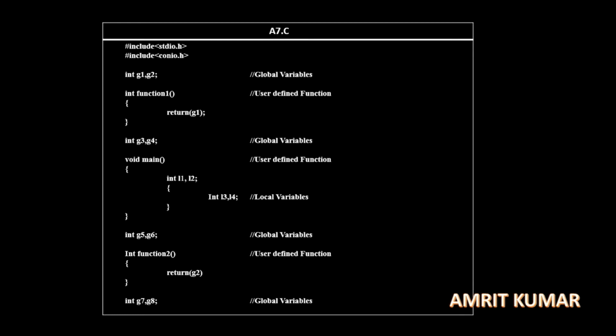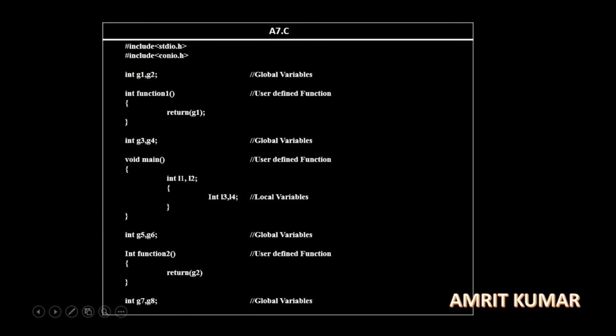It can be accessed, or we can say used, by any function also, because it is a permanent variable, or we can say global variable. Because we have declared G1 and G2 whose data type is integer, they are acting like global variables, because they are declared outside of the open and close curly braces. That's why it is a global variable.